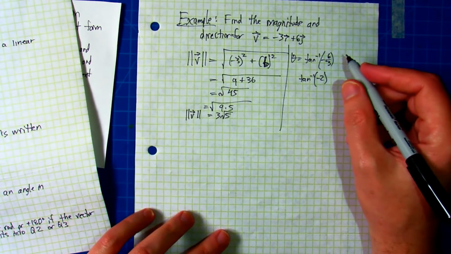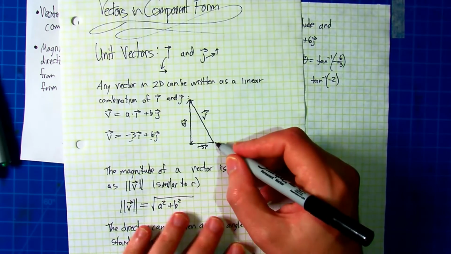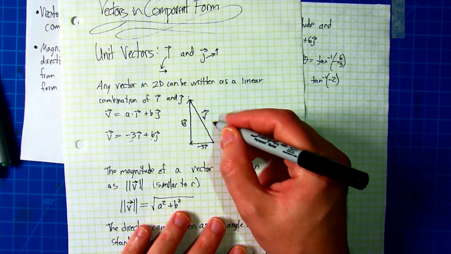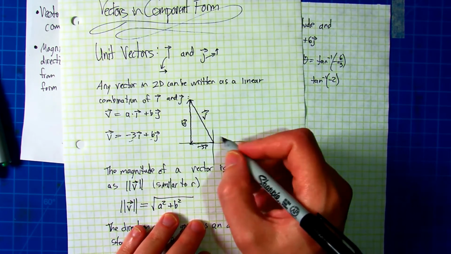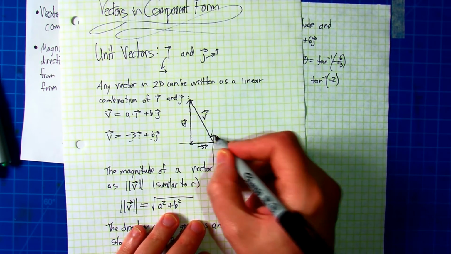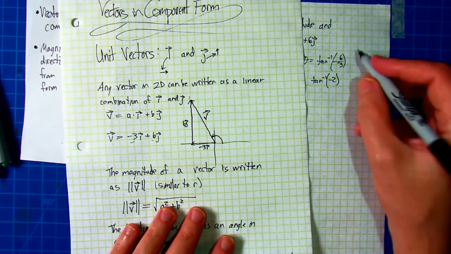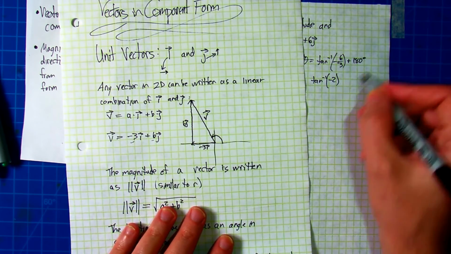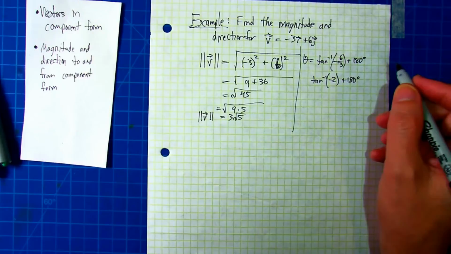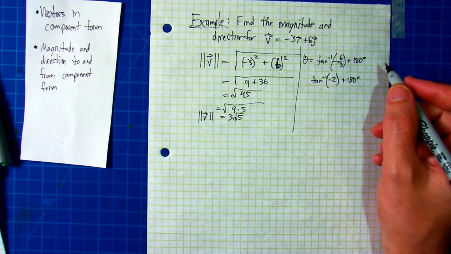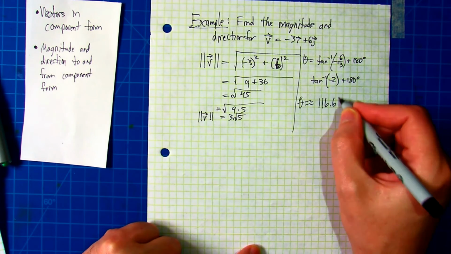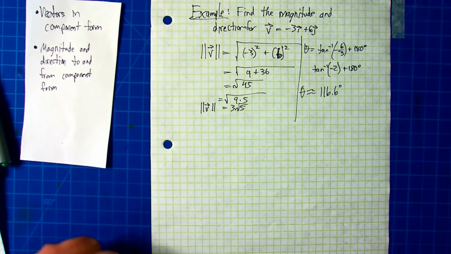But now this vector we saw over here does point into quadrant 2 if we think about the origin being here and we have this here. This angle would be a quadrant 2 angle, so we do need to add the 180 degrees here. So grab your calculator, work that out, and you'll get 116.6 degrees, and that's all there is to it.